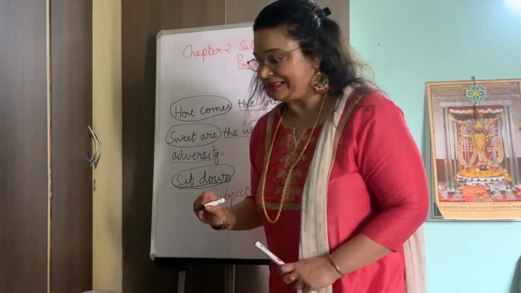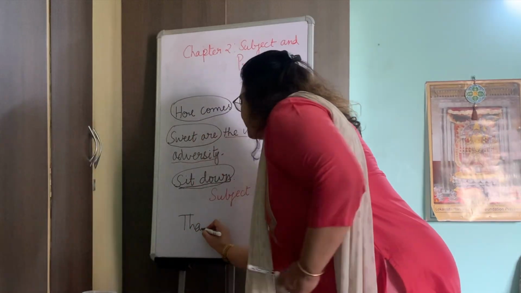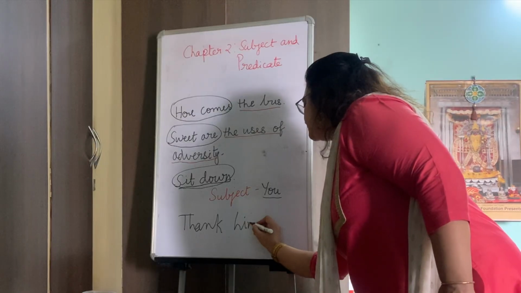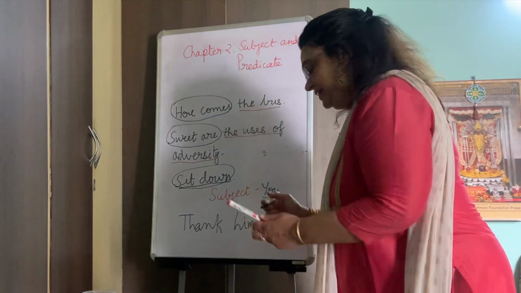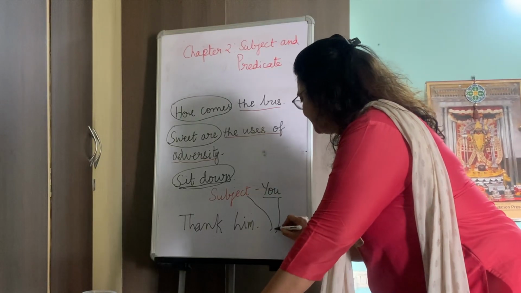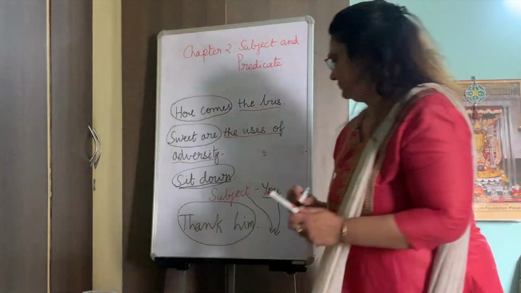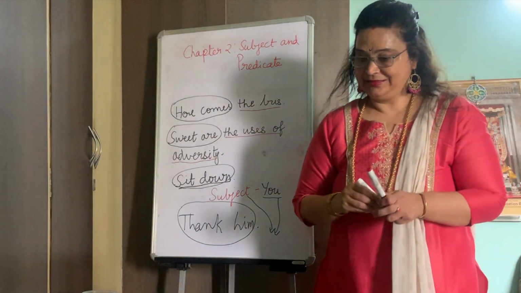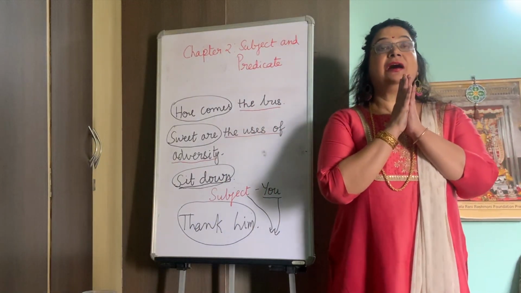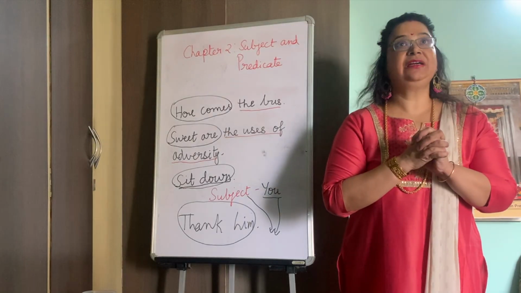When I say thank him, it is also an imperative sentence. Thank him. So here the subject is again you and the predicate is thank him. Am I clear? Okay.